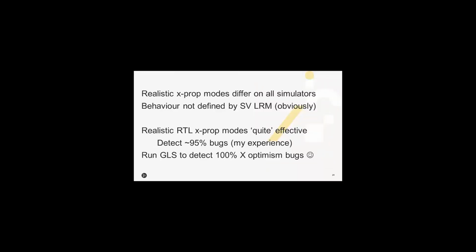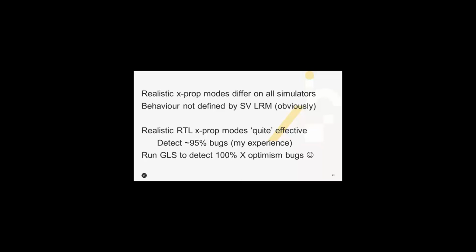Bad news is that all the different simulators differ on how they simulate in their X prop modes because the behavior is not defined. The LRM defines how to simulate, but we're throwing the LRM out. So the simulators all differ slightly. But the good news is that they're pretty good at exposing bugs.